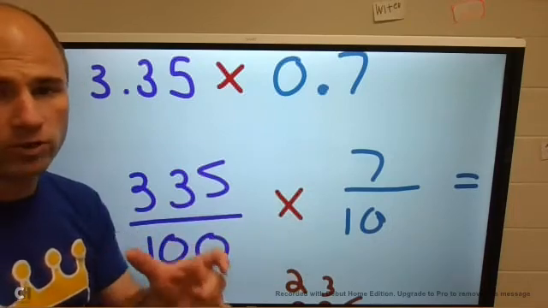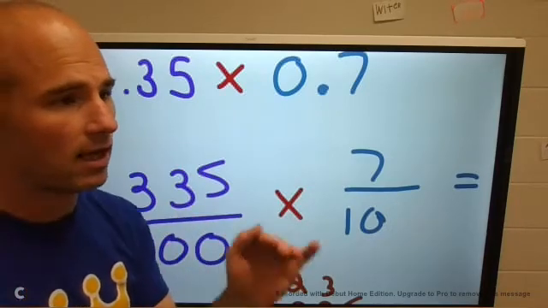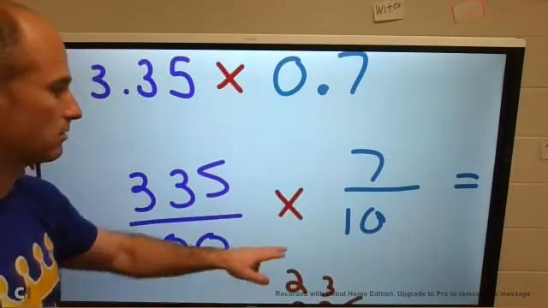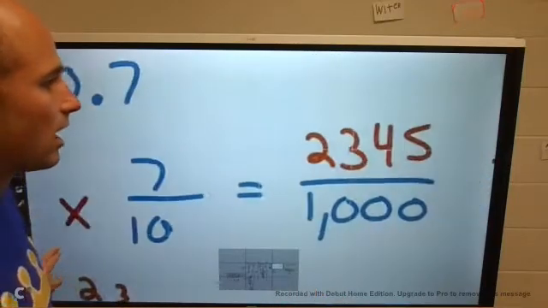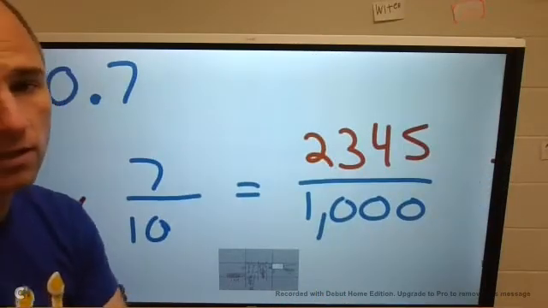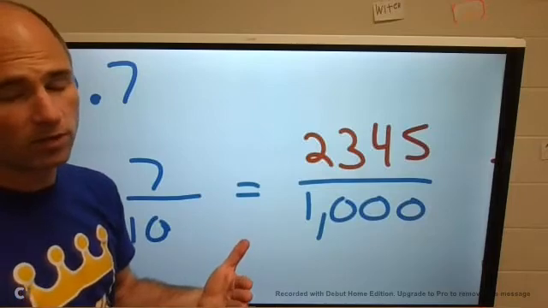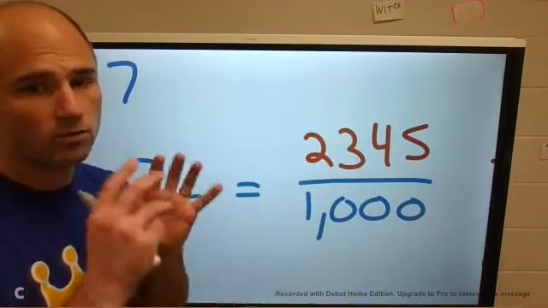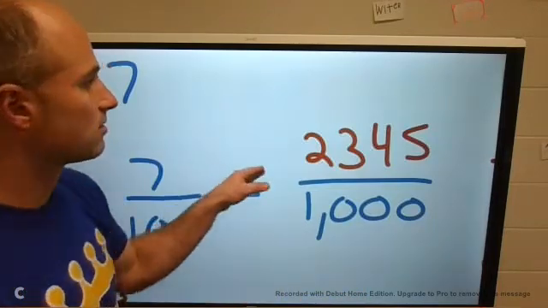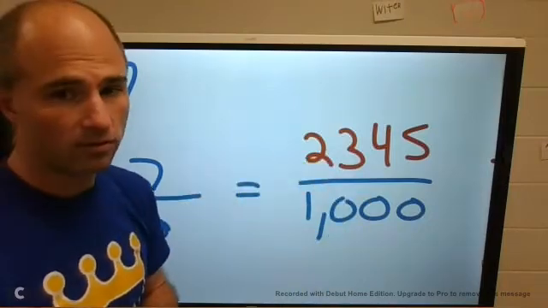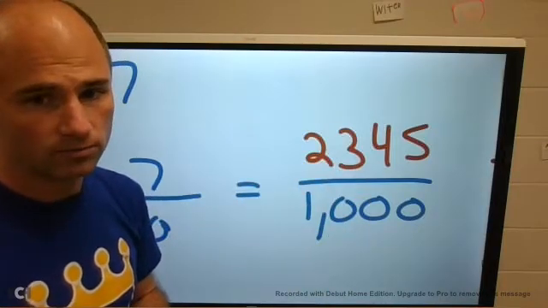Once you figure that part out, everything else becomes a lot easier. And I think I hope you were able to find, because you're doing a 3-digit times 1 digit, you didn't have to pull anything apart. So I really hope you were able to find the answer here is 2,345 over 1,000.